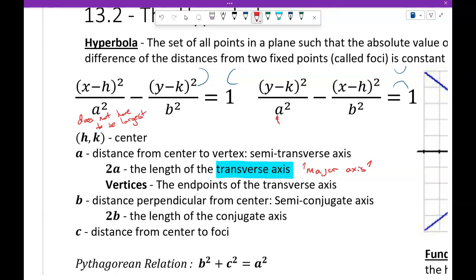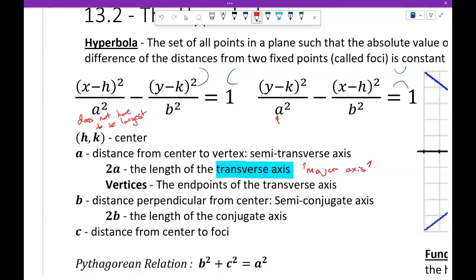And so when we're comparing ellipses and hyperbolas, with ellipses, we care about which denominator is bigger so that we can identify the major axis. Here, we care more about which denominator comes first for the transverse axis. And the reason that we care about position with the hyperbola is because subtraction is not commutative. Which number comes first makes a difference.